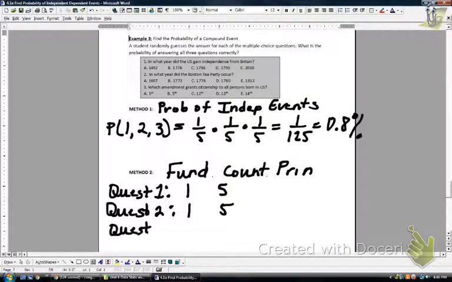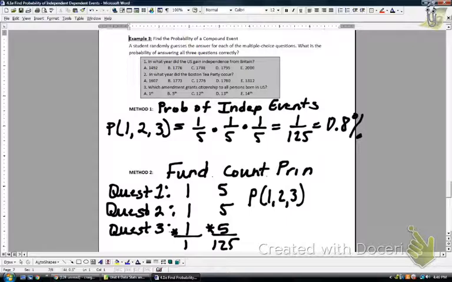Then same thing for question 3, 1 correct choice out of 5. 1 times 1 times 1 is 1. 5 times 5 times 5 is 125. So the probability of 1, 2, and 3 guessing correctly is 1 out of 125, which equals 0.8%.